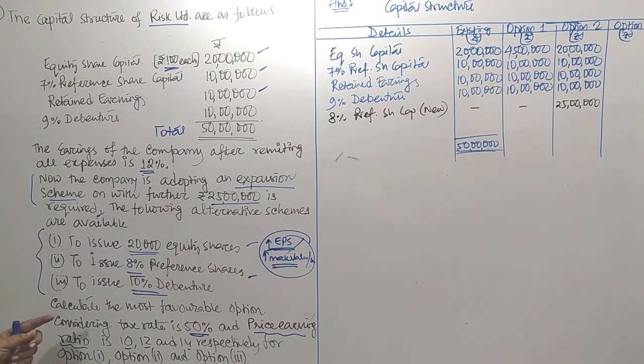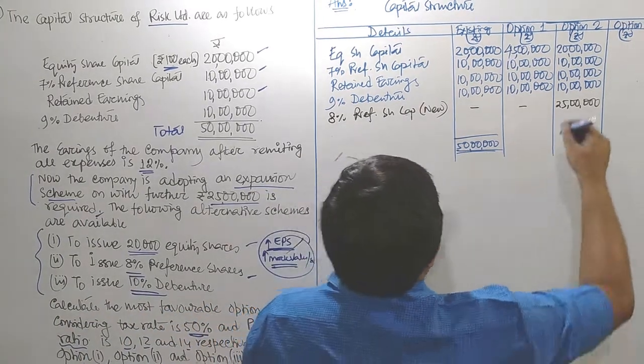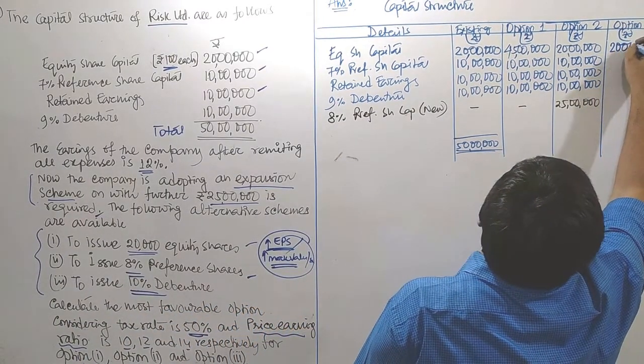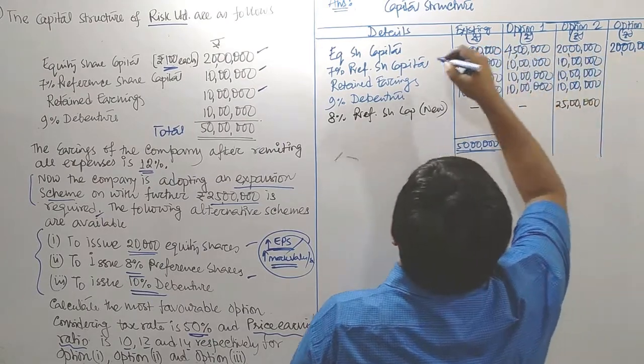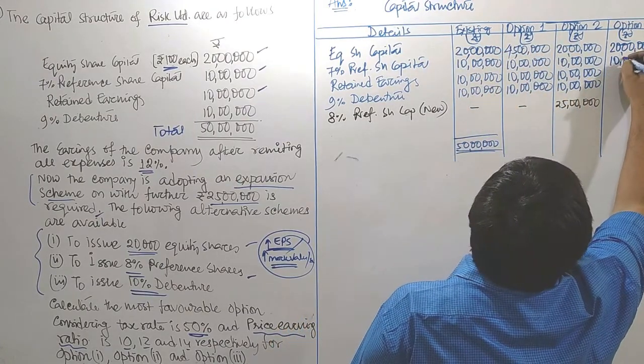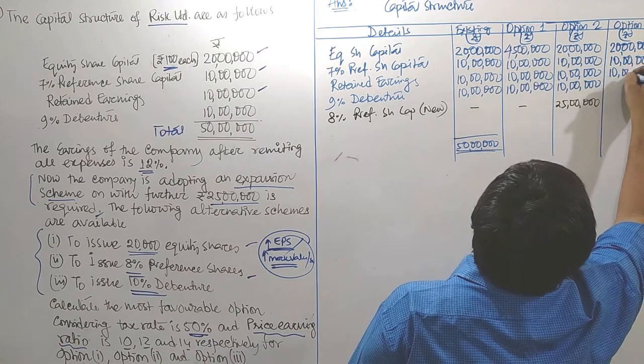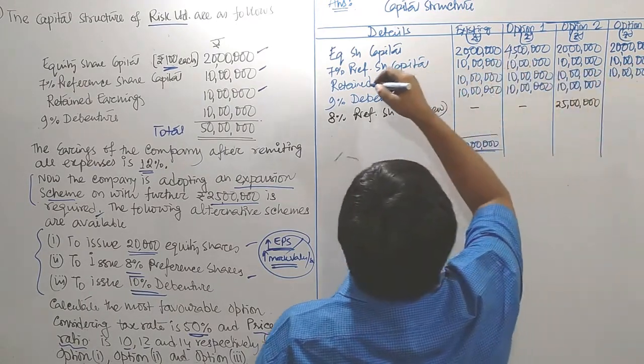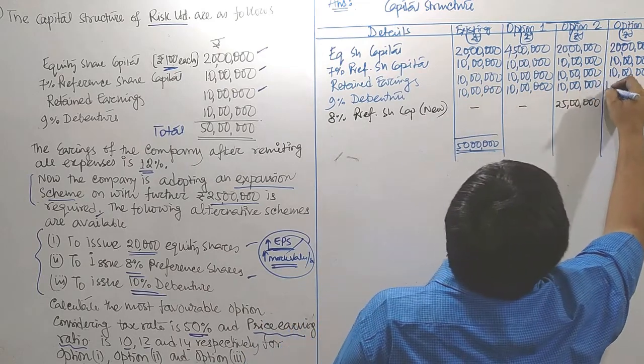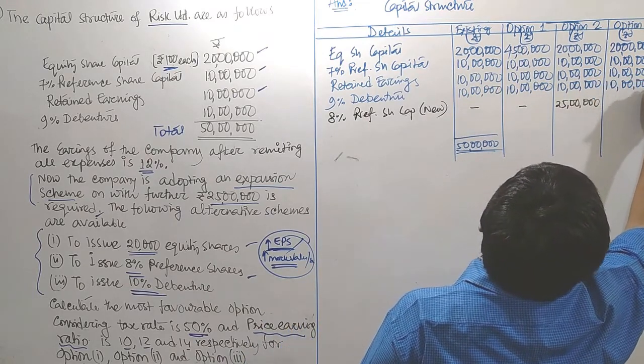In option 3, the 25 lakhs the company will collect by issuing 10% debenture. Then let's portray one after one. Equity share capital remains as it is, 20 lakhs. Preference share capital remains 10 lakhs. Retained earnings remain another 10 lakhs. 9% debenture remains 10 lakhs.